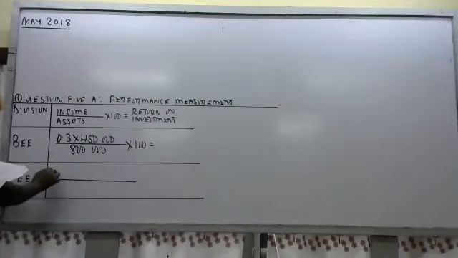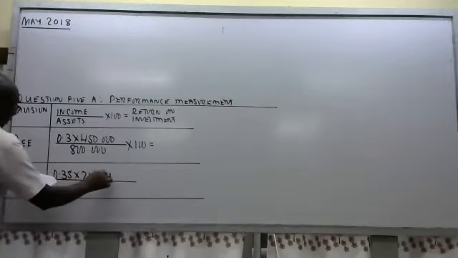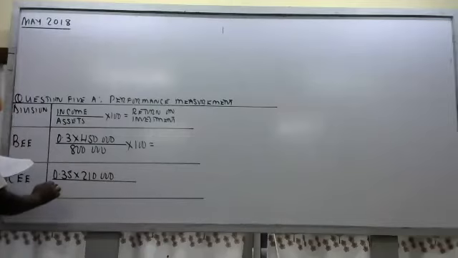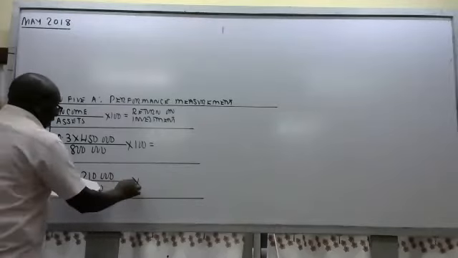This other one will be 35% of the revenue, which is 210. You divide by, we give the assets the 400,000, times 100.